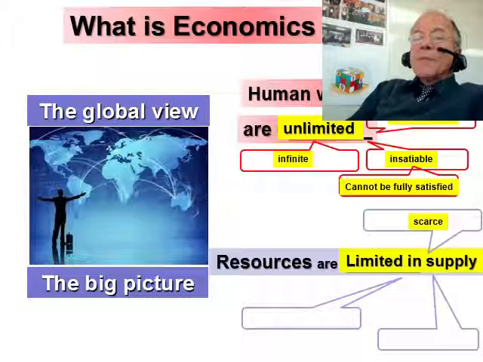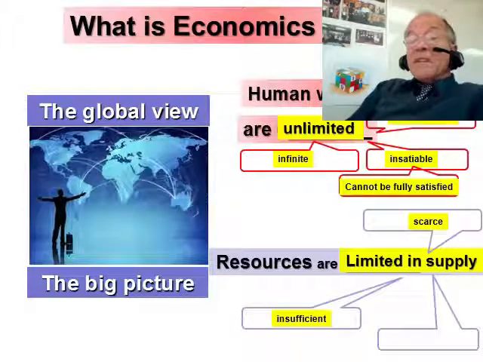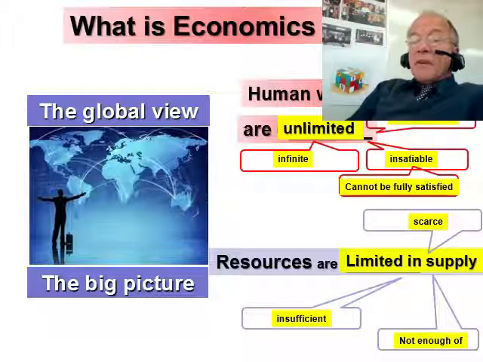So don't forget, especially if you're from Asia, to pronounce the S sound at the end. Scarce. A word we use a lot in economics. It's an adjective, of course. The noun, as you'll see, is scarcity. Another synonym, insufficient, not enough of.